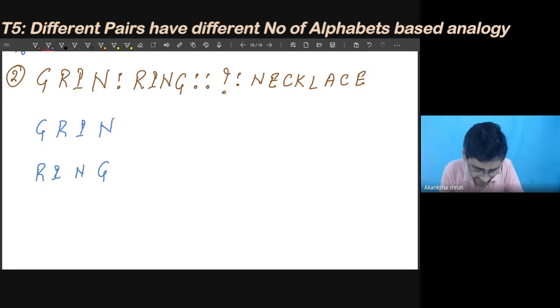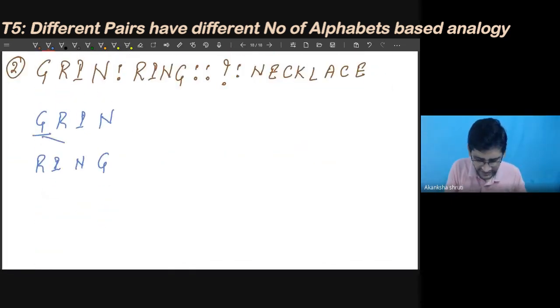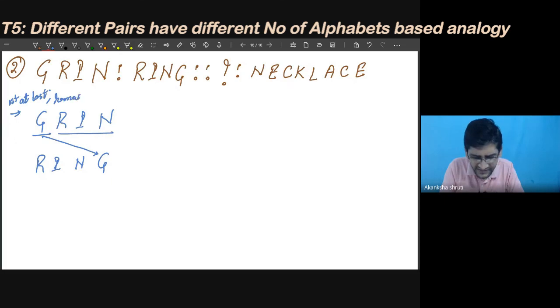Here we are observing the first one, G is written at the last. This is the one way. So here first at last, then the remaining set RIN is copied.